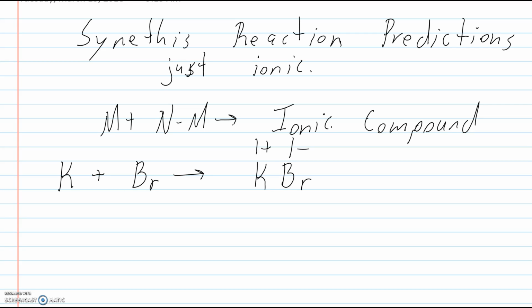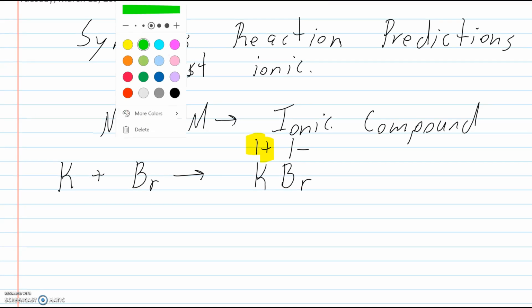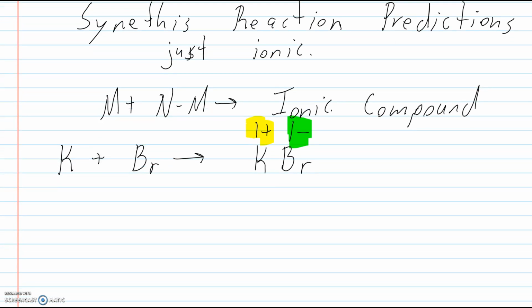So at the end of the day, I need to see, do I have the same amount of positive charge as I do negative charge? Right? If I do, then I'm done and I'm all set to go. So this one, I'm done and I don't have to mess with any subscripts, which is really nice.